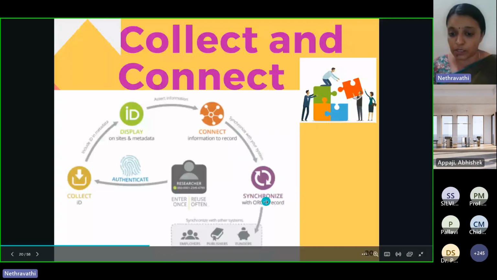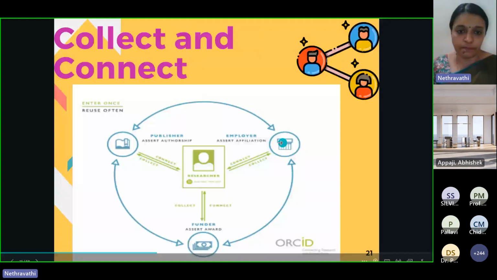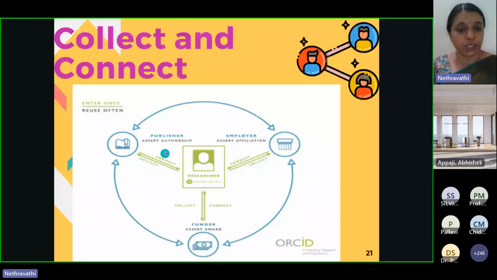Other records means what? This is the elaboration of this bottom part. It will synchronize with employers, and from that we get the affiliation. It synchronizes with the publisher, and from that we can ascertain the different metrics for a researcher.